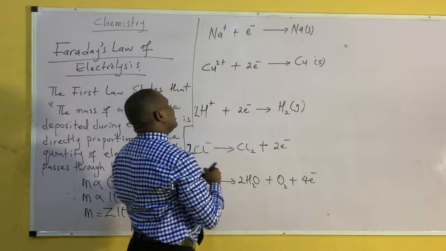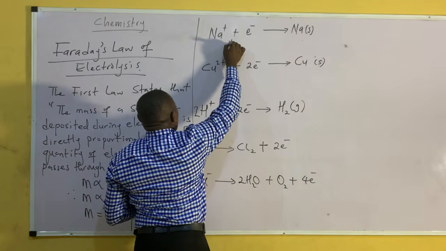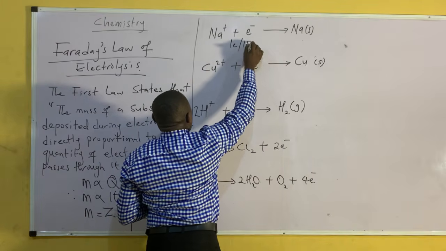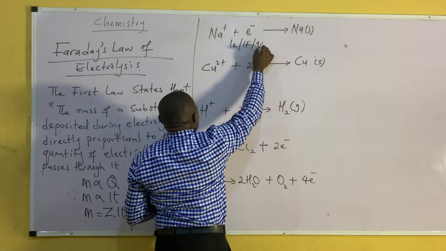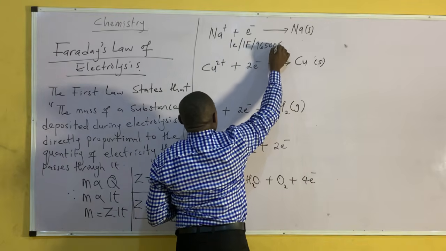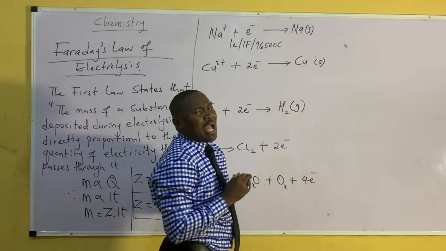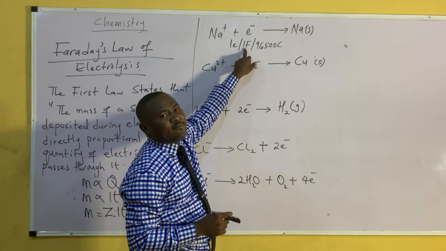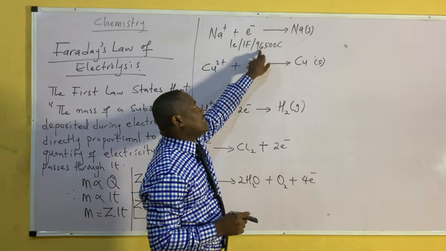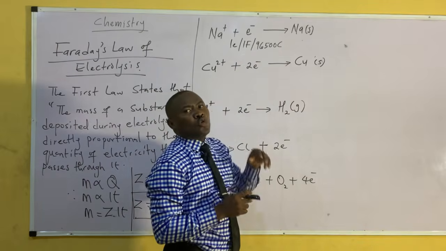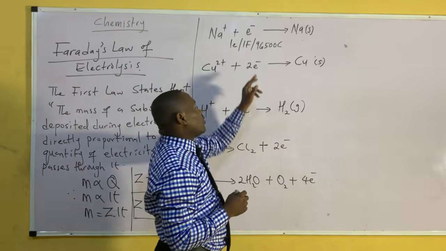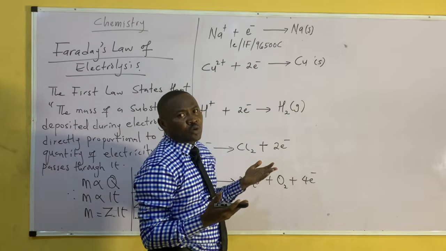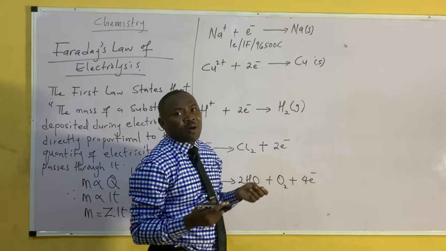Now remember, this can be analyzed as 1 electron or 1 Faraday or 96500 coulombs of electricity. So any of these are equivalent, depending on which of them is allowed in my question.